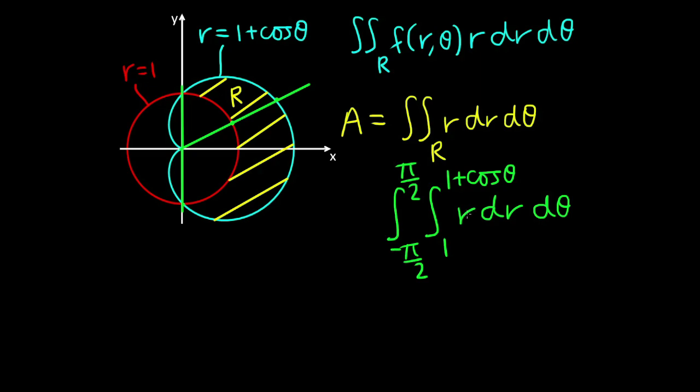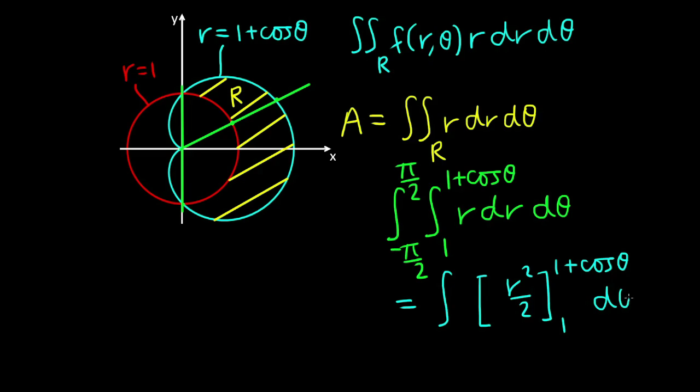So evaluating the inner integral, we get r squared on 2, evaluated at 1 and 1 plus cosine theta, and then we integrate the result over theta from minus pi on 2 to pi on 2.